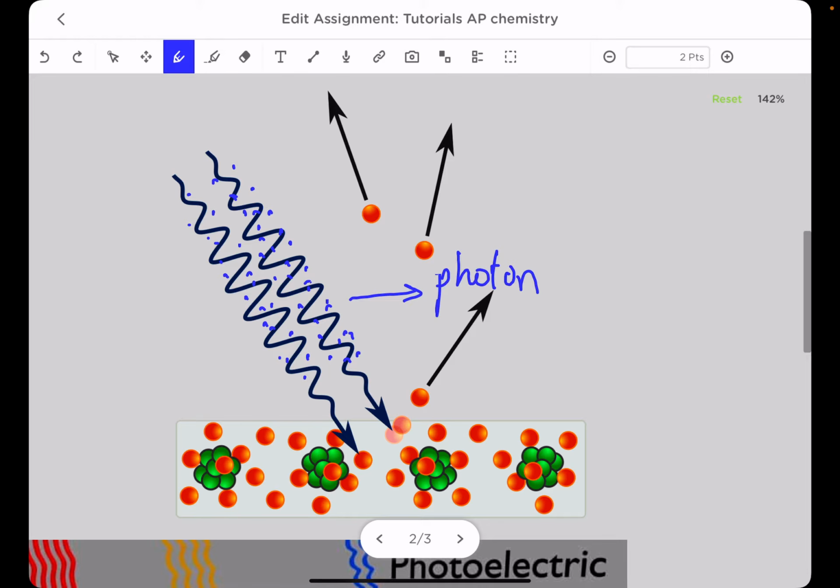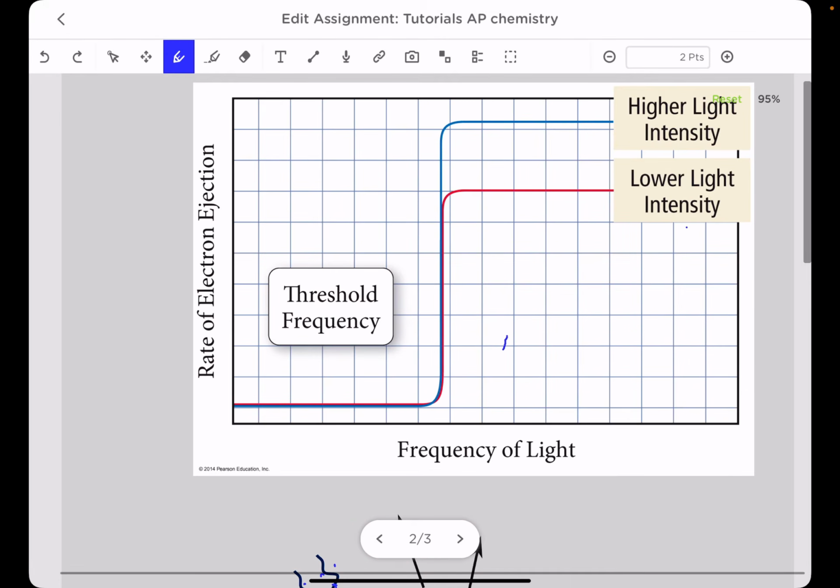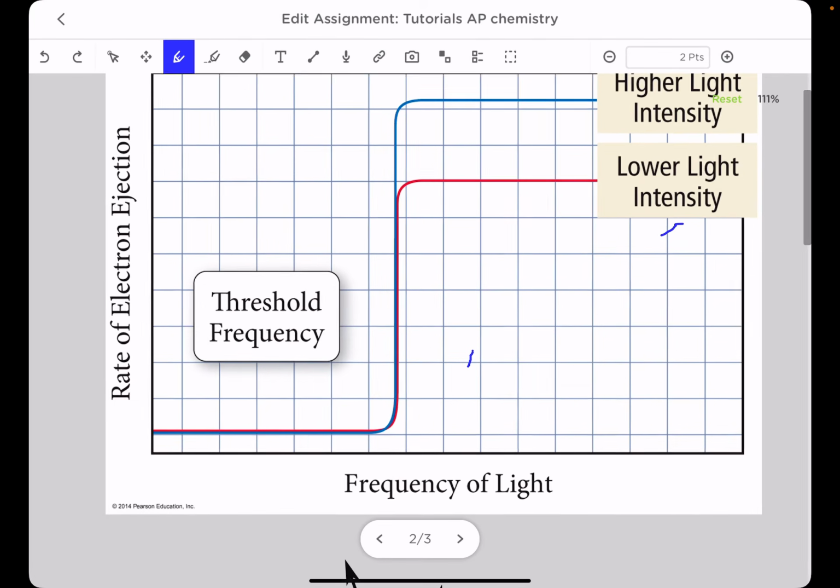So if this photon is coming toward the electron, remember, it's a particle nature. It's coming toward this electron. If this photon has the right energy, it's going to move the electron from its place. We say dislodge the electron. Now let's look at this graph over here. What does it say?